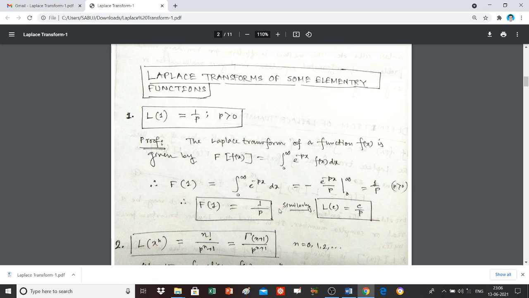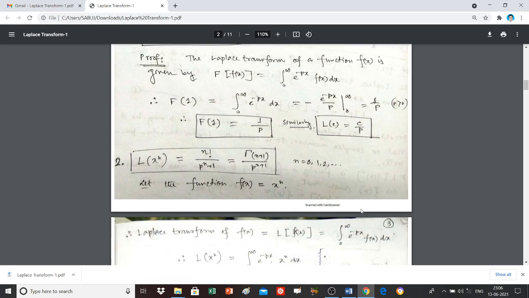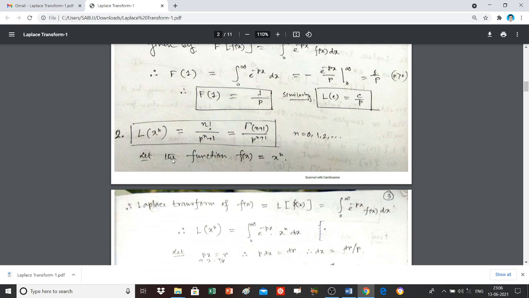And in this way, if you wish to find the Laplace transform of any constant c, then this will give you the result c by p. If L of 1 is equal to 1 by p, then since c is a constant, you can write this as L of c into 1, that will provide c by p. Now another problem is there.